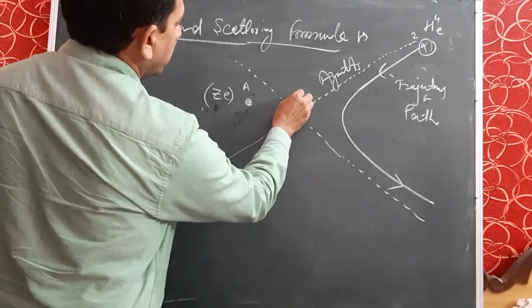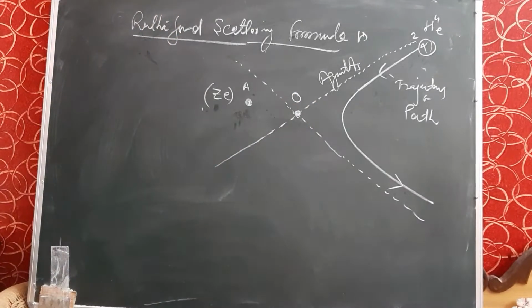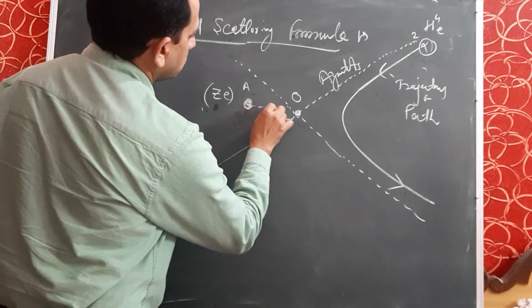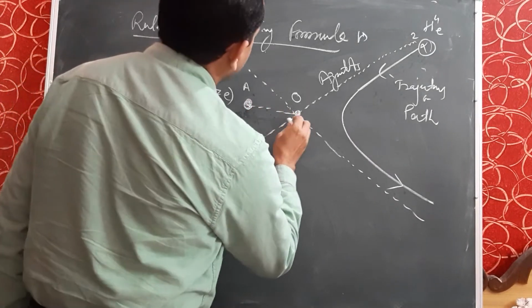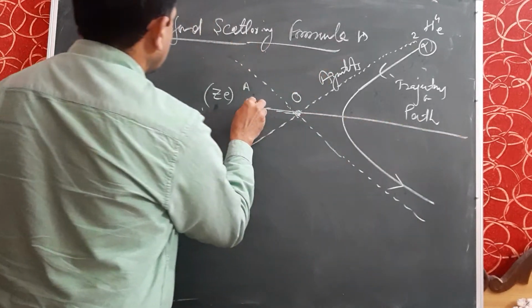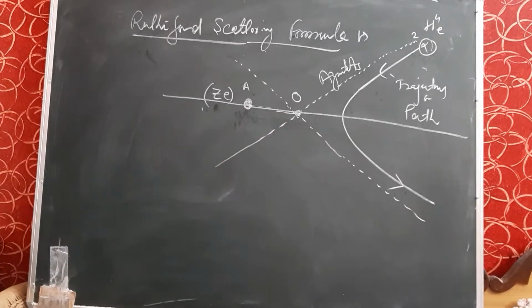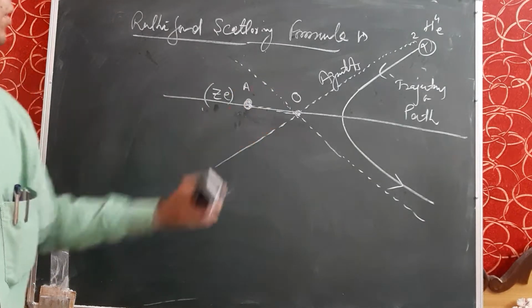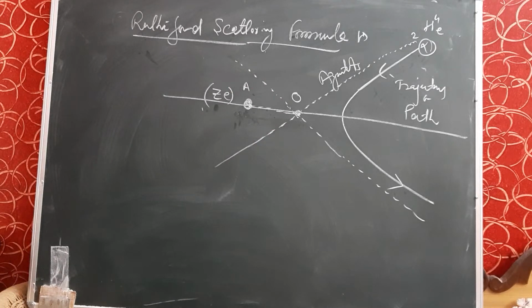Let this point be O, and the line joining the heavy nucleus and the point of intersection of the asymptotes is drawn as a straight line.